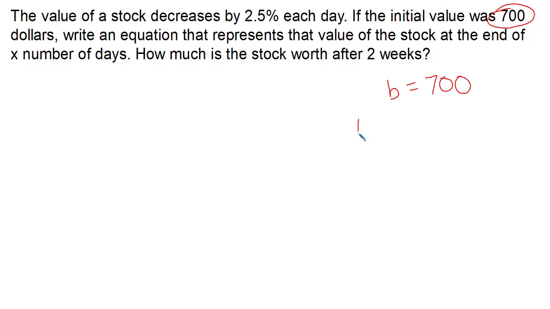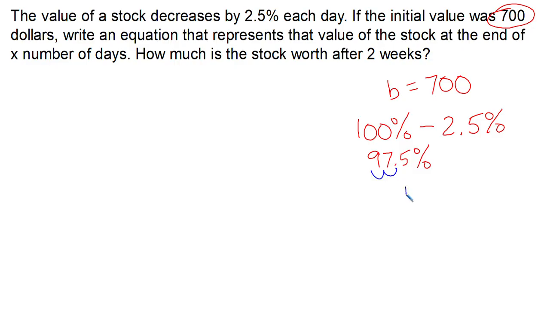So we start with 100% of the value, but every day we subtract 2.5%. Well, 100 minus 2.5 is 97.5. So every day it's 97.5% of what it was worth. Then we'll take the percent and move the decimal over 2, because that's how we divide by 100, to get an R value of 0.975.